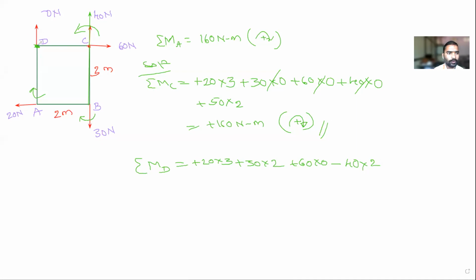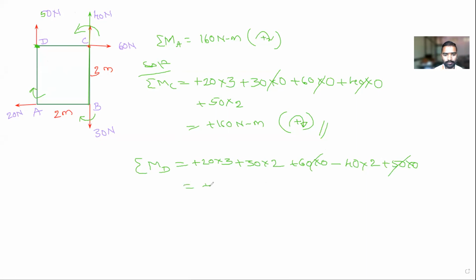Next, coming to point D. How much is the force? 50. So this 50 is passing through the given point D, so it is plus 50 into 0, which is 0. Here this is 0, this is 0. So how much is it? This is 60, this is 60, 120. Then 120 minus 80.